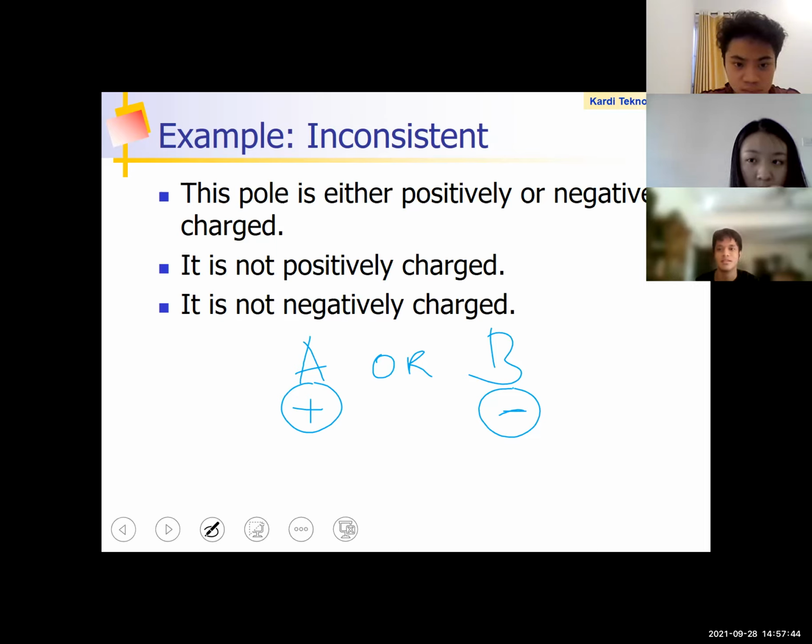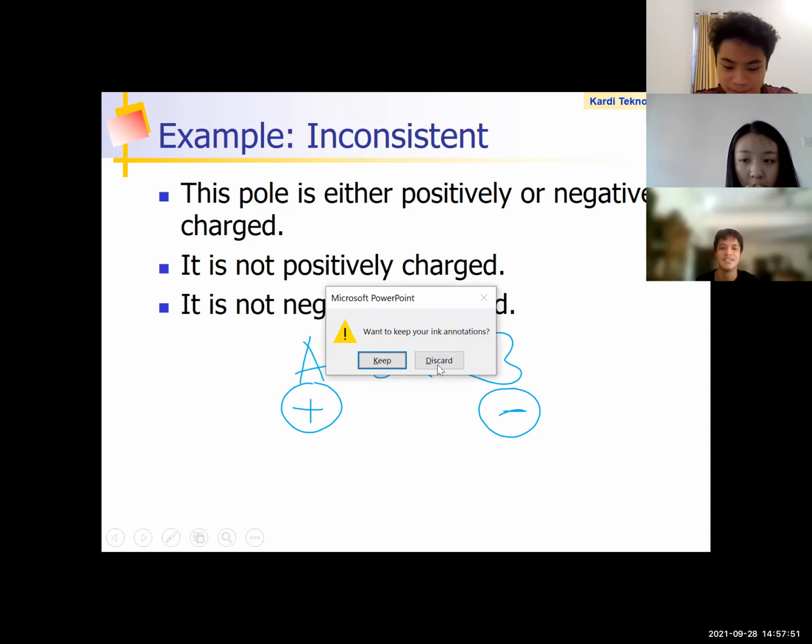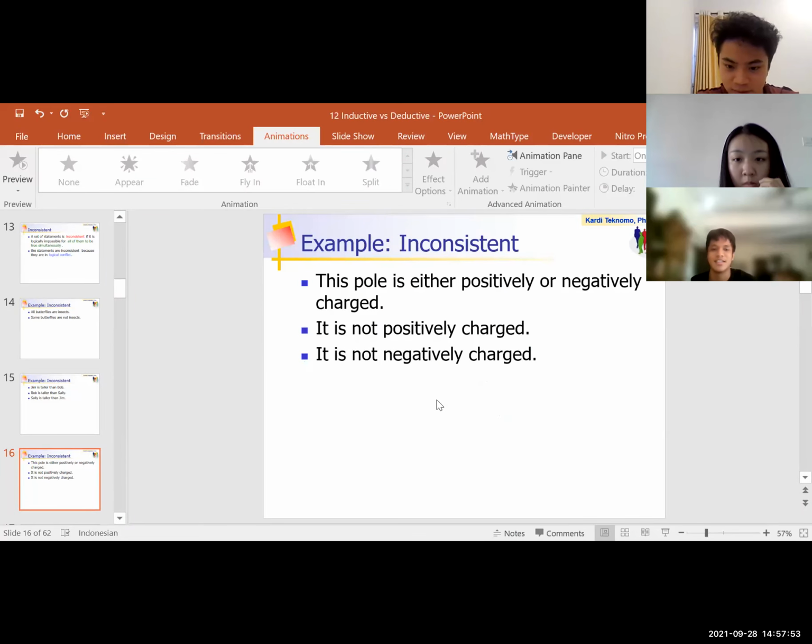Any opinion? I'll just make you confused. Wait, sir, what do you mean by is it included in or not?